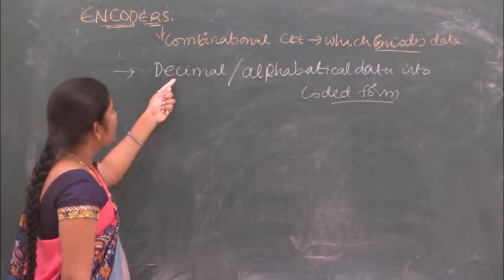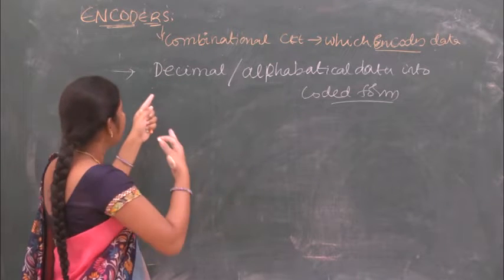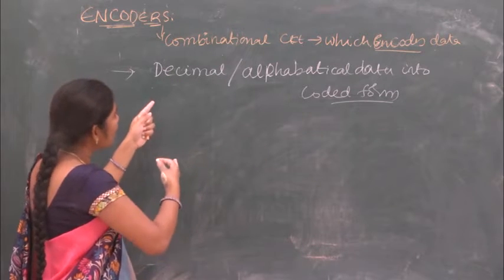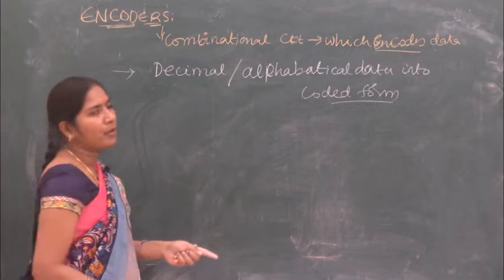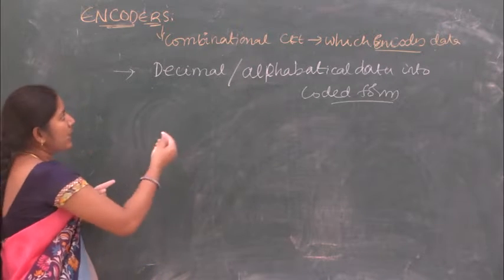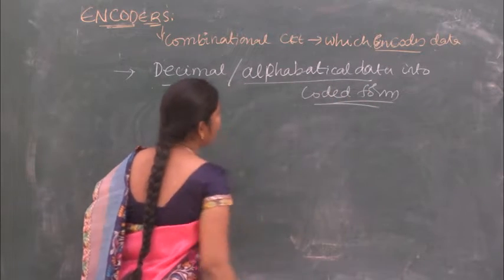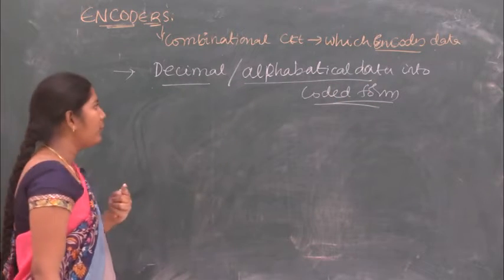Means if you are having a decimal value, that will be converted into a binary code. Similarly, if you have an octal value, that will be converted into a coded form, like that. So encoder is a combinational circuit which encodes decimal or alphabetical data into a corresponding coded form.